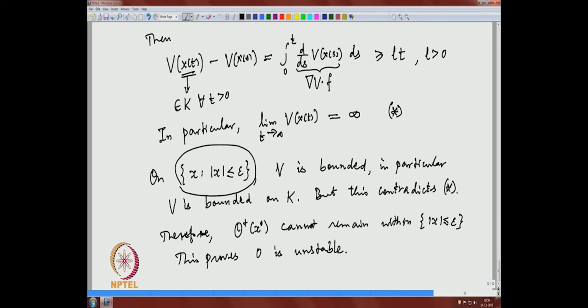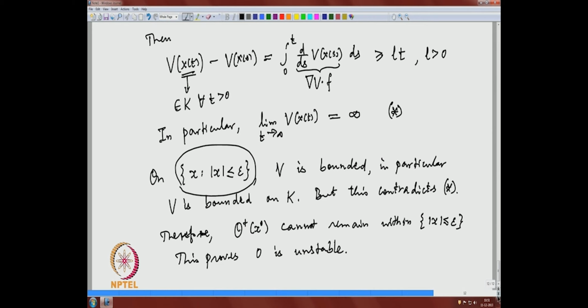So, you see that the question of stability or instability in this method of Lyapunov can be analyzed by the construction of suitable Lyapunov functions. Okay. So, again where are the examples?